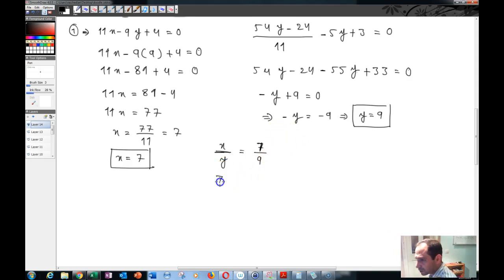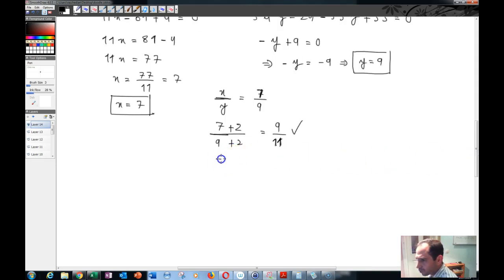So if I take 7 to 9 and add 2 to both the numerator and denominator, I get 9 to 11. Okay, so that's one part. And if I add 3 to both the numerator and the denominator, the fraction is supposed to become 5 to 6. So this is 10 to 12, which is the same thing as, divide by 2, 5 to 6. So that's your answer there.